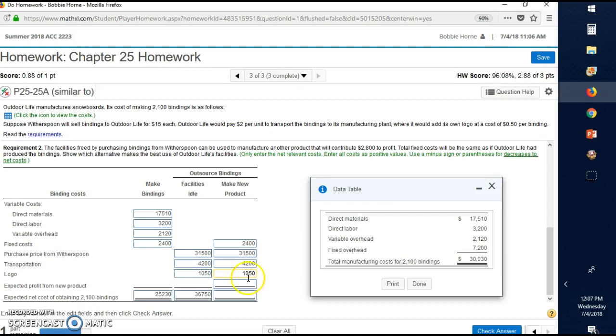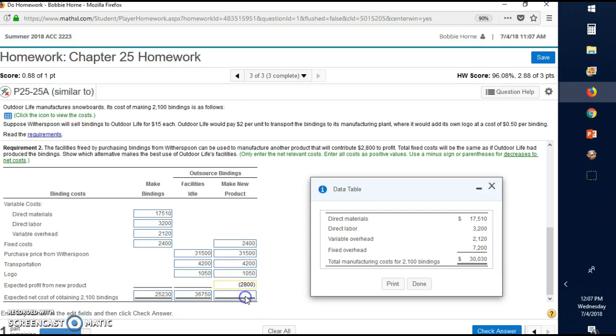This is a scenario where we're making the new product and we're outsourcing what we would have made, and so it says use a minus sign for decreases to net cost. All these are going to be increases in cost, and then the profit here is going to help take away some of those costs that we have incurred, and the profit is $2,800.